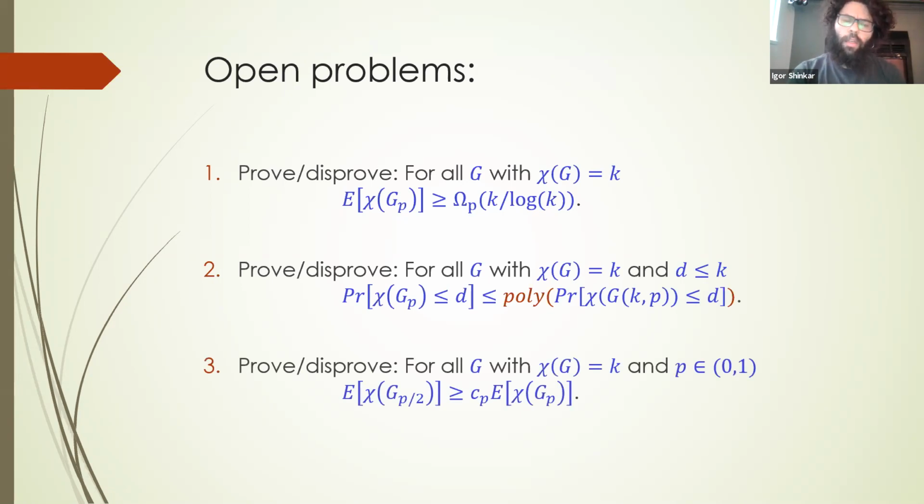And maybe there are some related problems. What happens when we keep edges with probability p as opposed to probability p over 2, and so on? What's the relation between all these expectations? I'm not sure. So these are some of the open problems that I have.